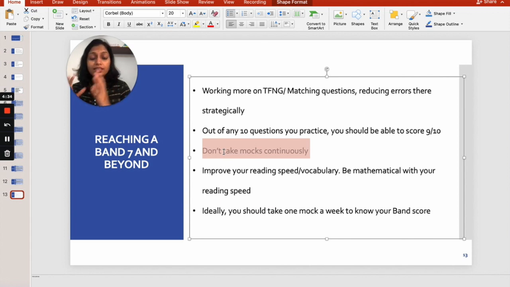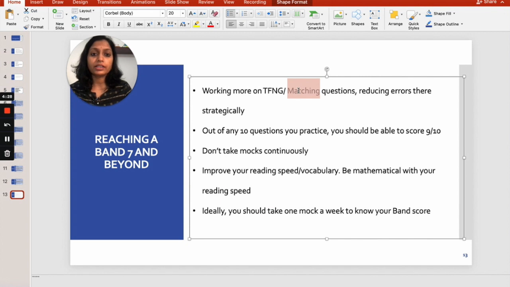Instead, identify where your problems are. Let's say true, false, or matching, whatever they are. Identify them and try to practice only those questions. There are amazing books and guides available from the Cambridge IELTS that can help you understand and tackle these question types better. Okay, and simultaneously also improve your focus, your reading speed and vocabulary.